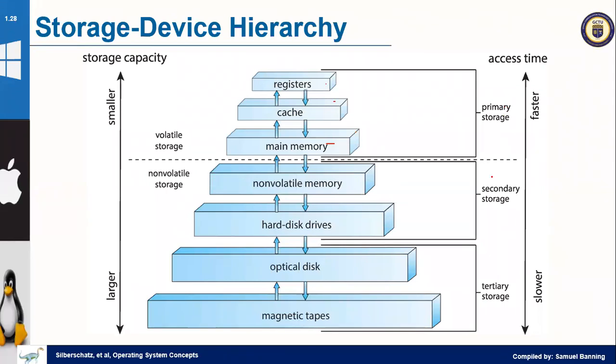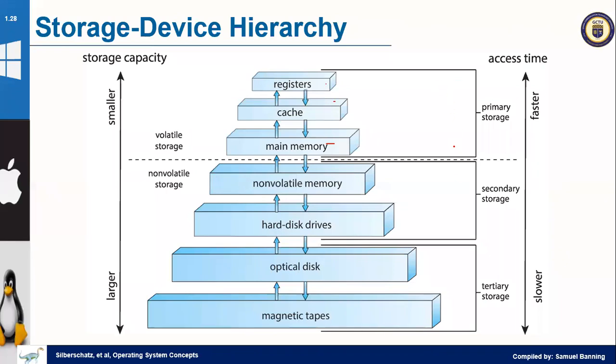When it comes to speed, registers are the fastest memory you can encounter. Next comes the cache, next is the main memory. So in terms of speed, the register is the fastest, and the magnetic tape is the slowest.